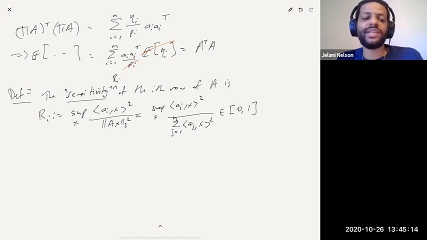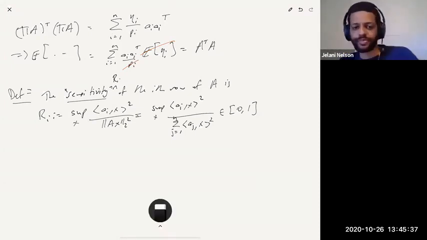So Ri is basically some measure of how important the ith row is, in the sense that I'm going to say that the ith row is important if there is an x where the ith row matters a lot in the quadratic form. Okay, so this is the definition of sensitivity.